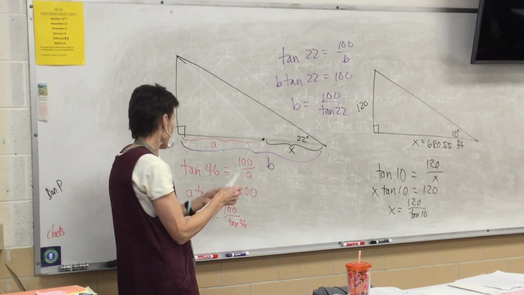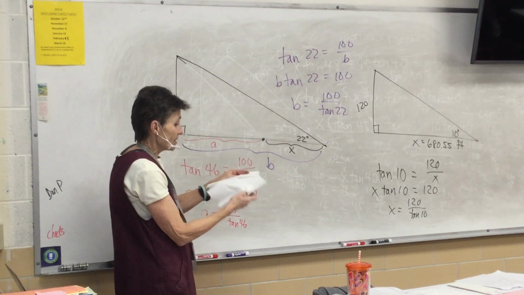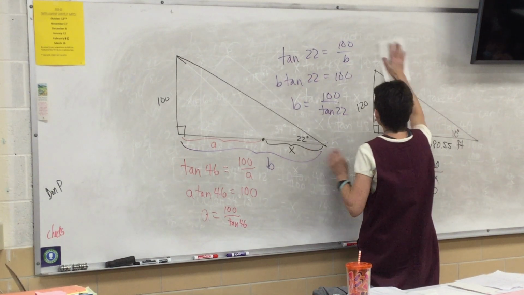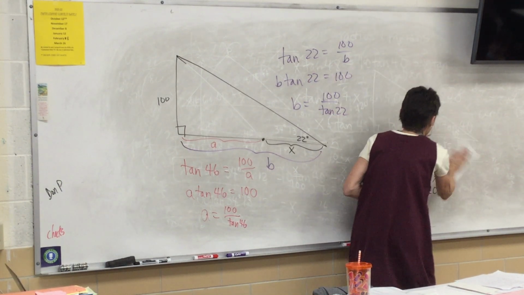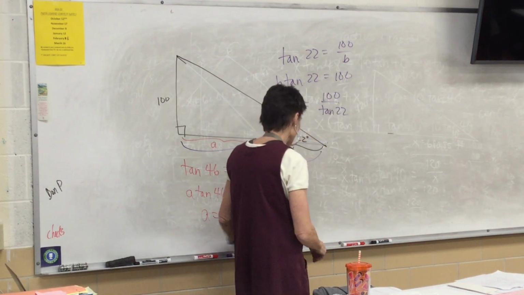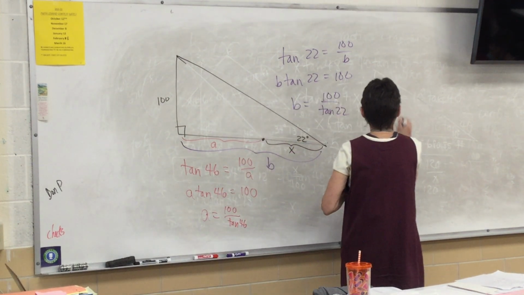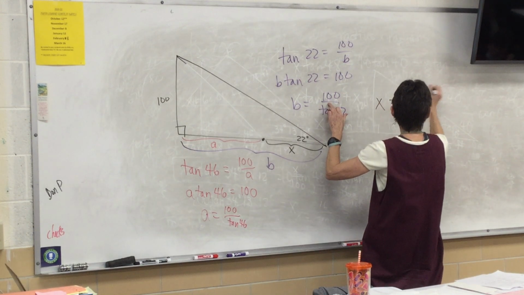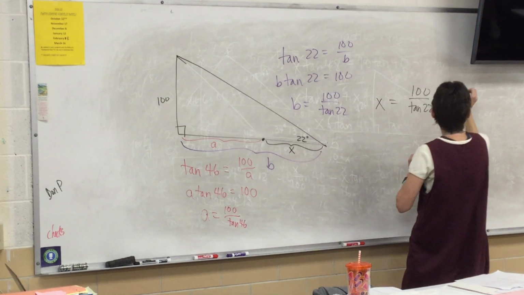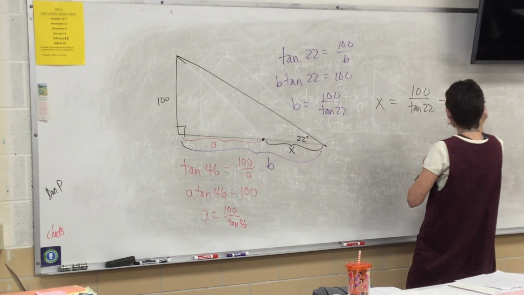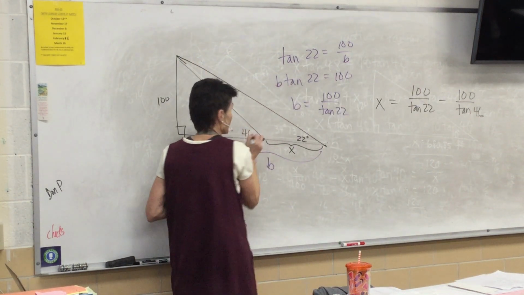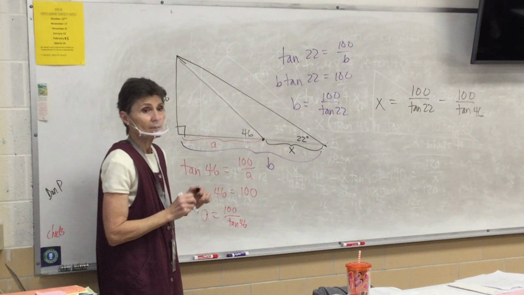Okay, so now I got A and I got B, neither one of which is the answer to the question. How can I get X? B minus A. So X is going to be 100 over tan 22 minus 100 over tan 46. Does that make sense to everybody?